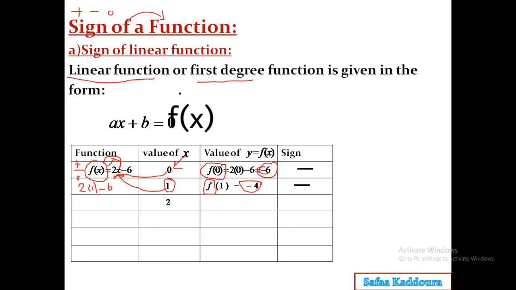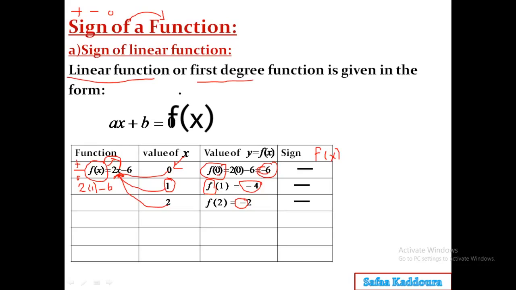Let's continue. If x equals 2, I substitute 2 in the function. Then the value of f of 2 is minus 2. I want the sign. Its sign is negative. So, when x equals 0, the sign of f of x is negative.